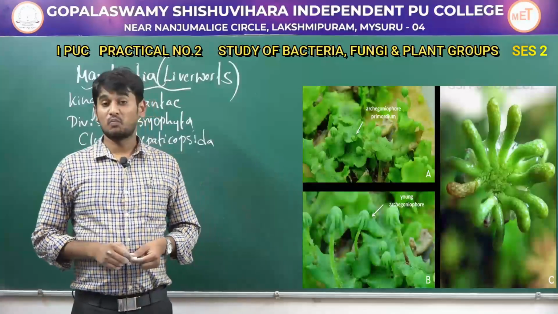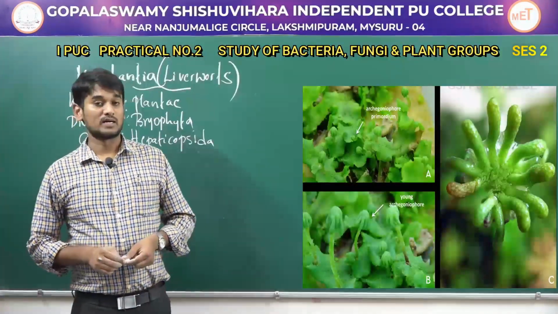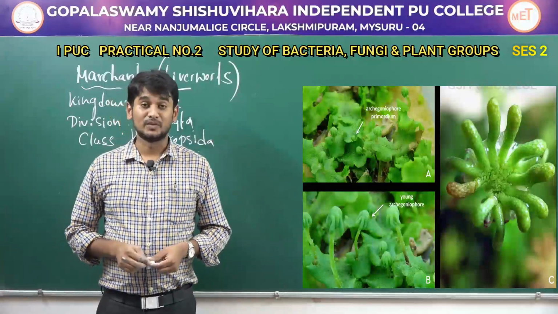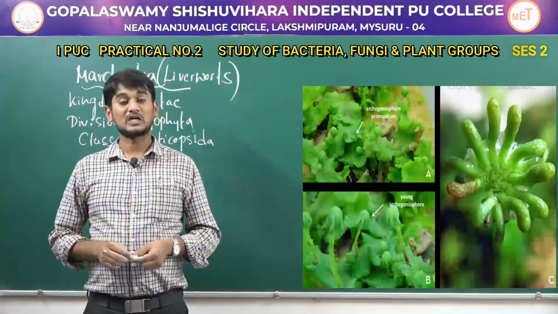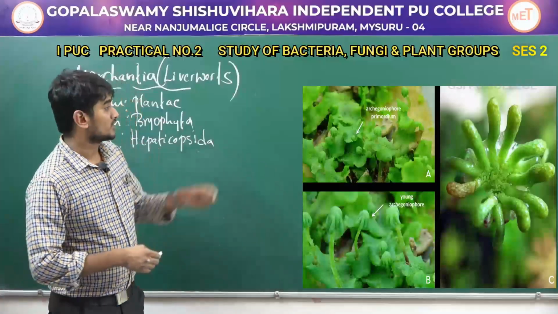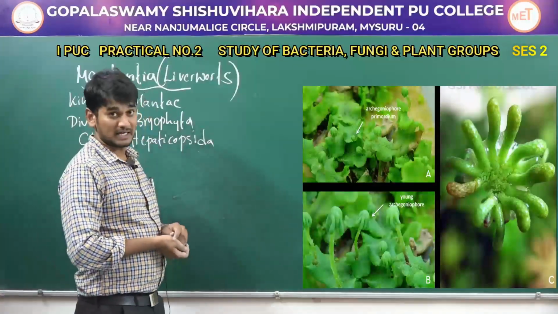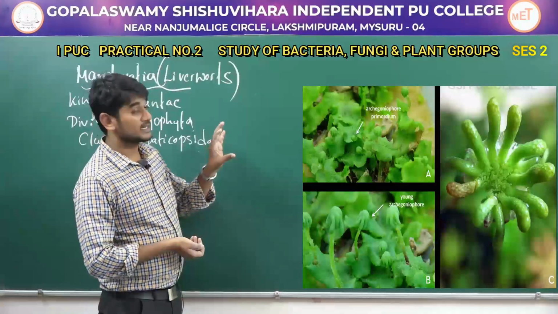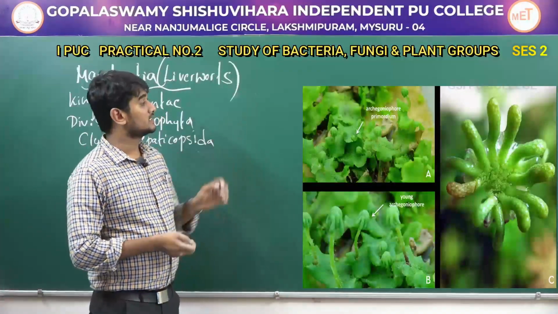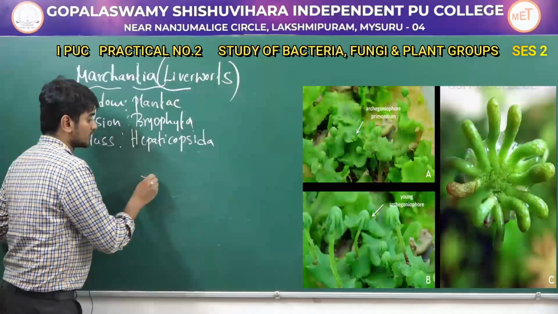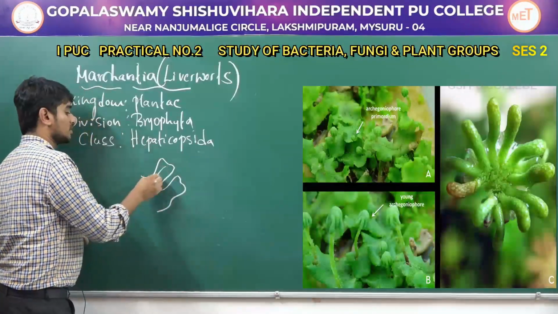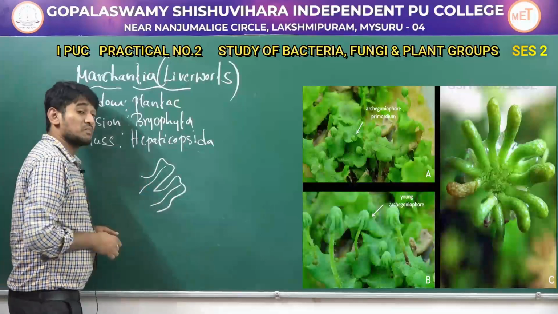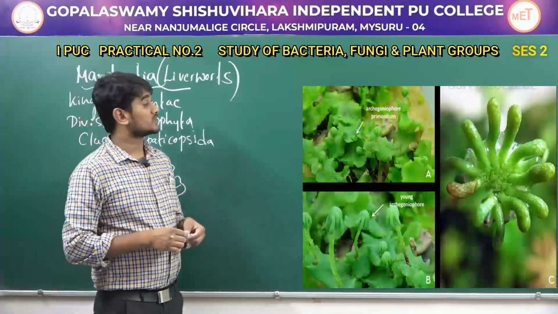Yes, the next one is Marchantia, liverworts. It comes under the kingdom Plantae, division Bryophyta, class Hepaticopsida. On the right side we can observe the picture of Marchantia. Marchantia is thin, flattened and dichotomously branched, with dark median furrows.